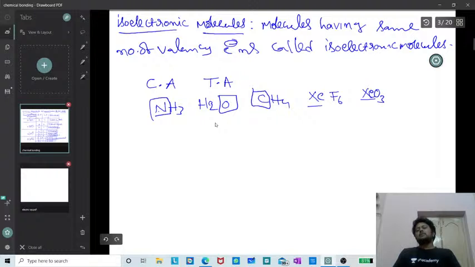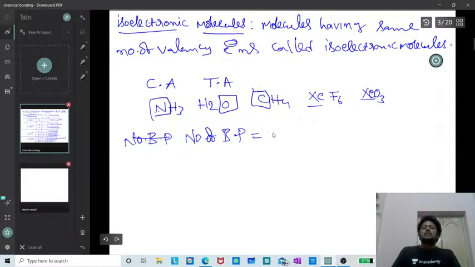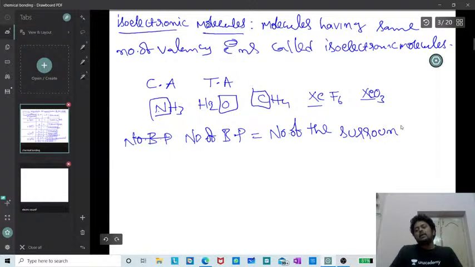Now it is clear what the central atom is. Now, the number of bond pairs in a molecule is very simple: it is equal to the number of surrounding atoms, that is, the number of terminal atoms.